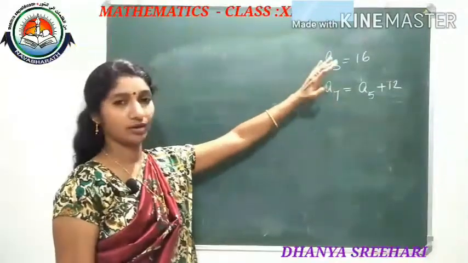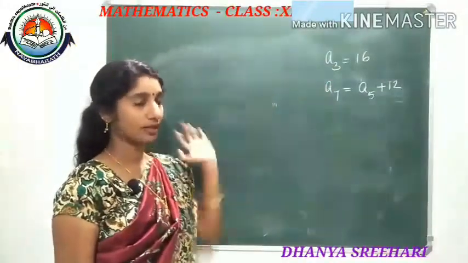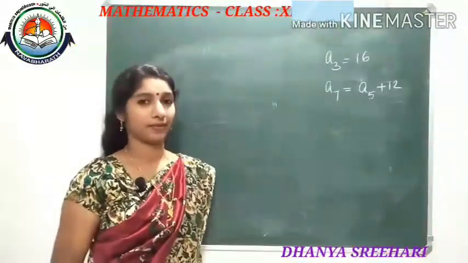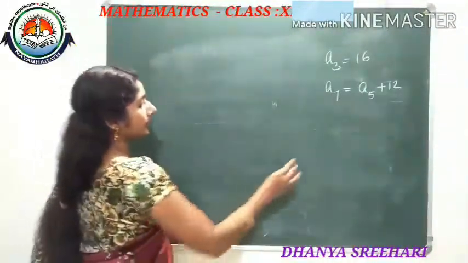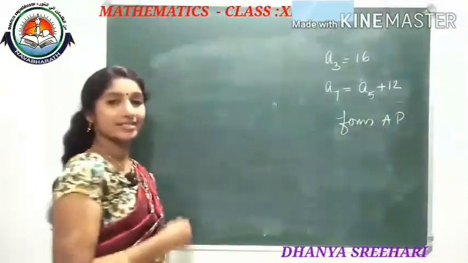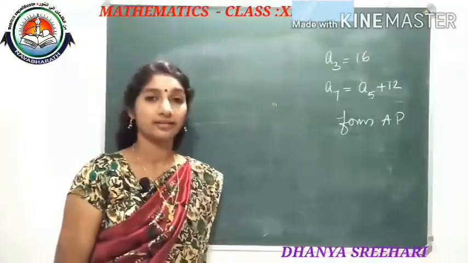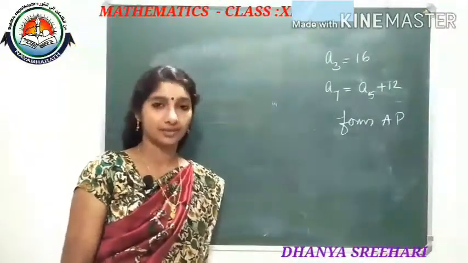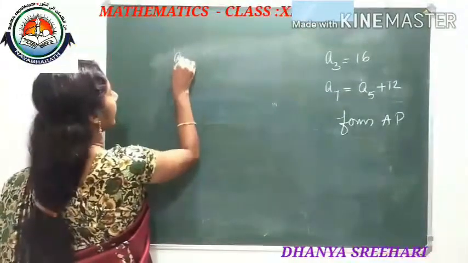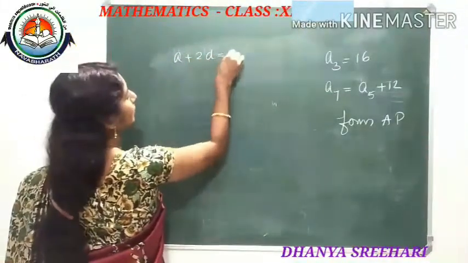So these two statements are given, and I wrote both in mathematical form. We need to form the AP. Or the same question may ask to find its 17th term or its 21st term or any term. So A3 is A plus 2D equal to 16.